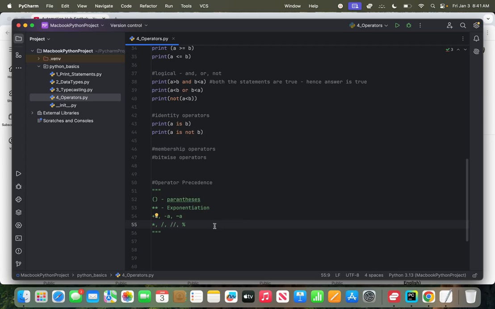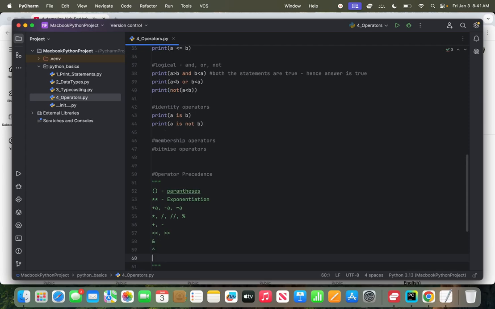And finally, after this, you have the addition and the subtraction. Then you have the bitwise left and bitwise right shifts. Then the bitwise AND, then the bitwise XOR, and then the bitwise OR.